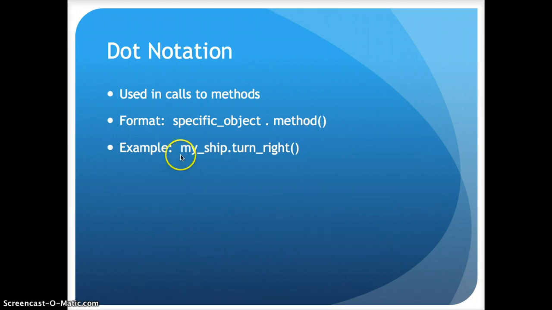The example would be my ship dot turn right, where my ship is a specific object and of a class, of course, that turn right goes to. And then there's a dot, and then there's turn right, which is going to be a method that is defined in the same class as my ship is defined. A lot to think about. But anyway, dot notation does make things a little more complicated for us in looking at the parameter lists for our calls.